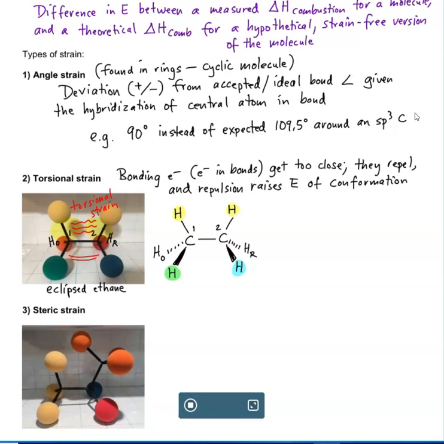The eclipsed conformation is the only conformation where the bonds can align closely enough that the bonding electrons are too close to one another. Now, by bonding electrons, I'm just talking about the electrons that are in each of these bonds. So, torsional strain only occurs in eclipsed conformations.